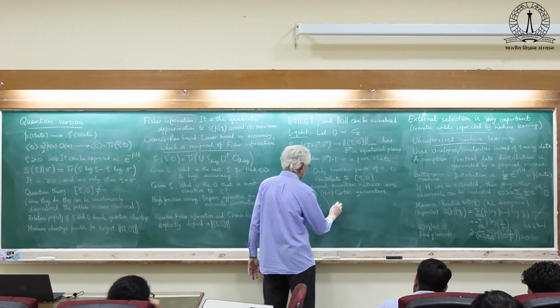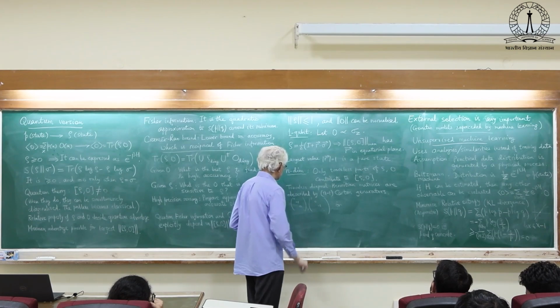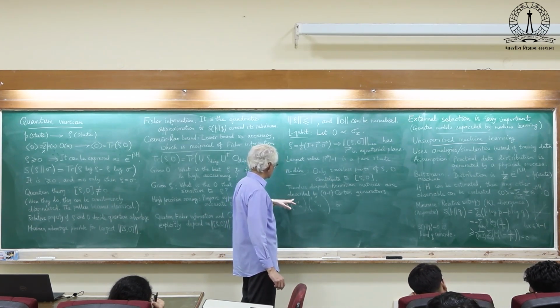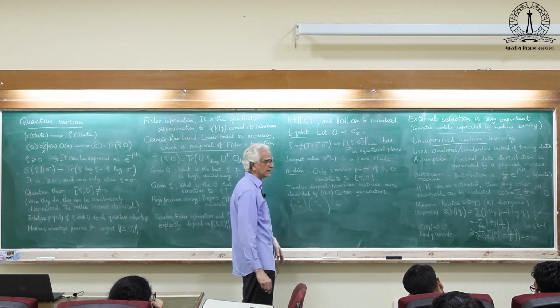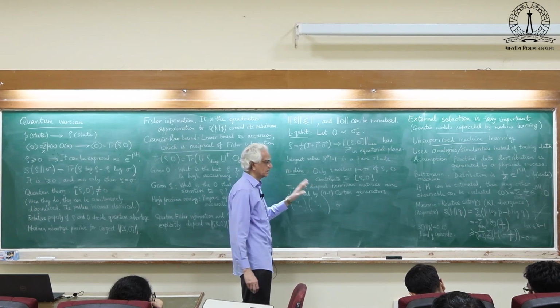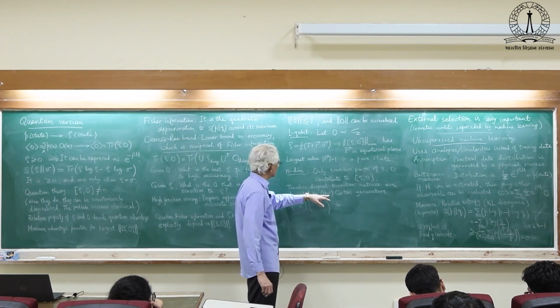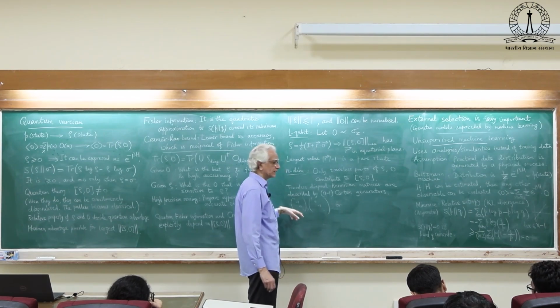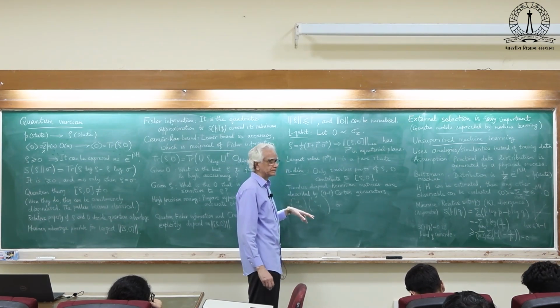The trace has to be 0, so you can put 1 in one place and minus 1 anywhere else, and that will give a linearly independent set. And there will be n minus 1. The one which is missing is the identity. It is orthogonal to all of them.